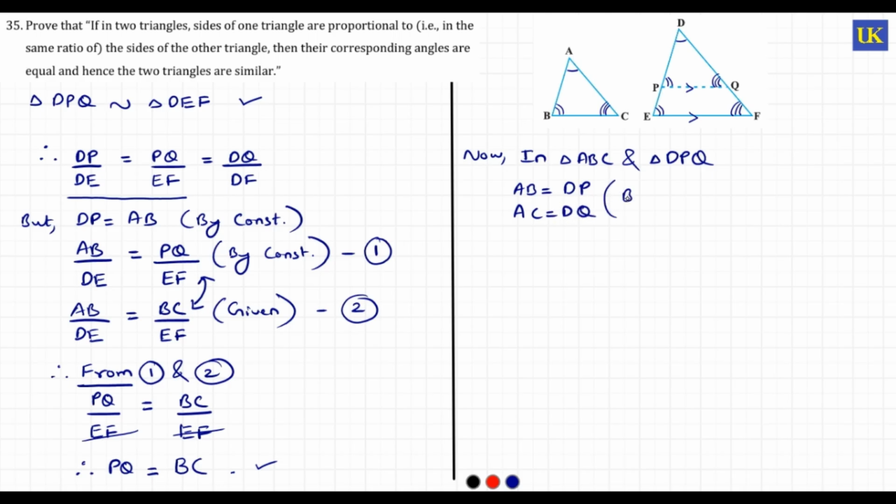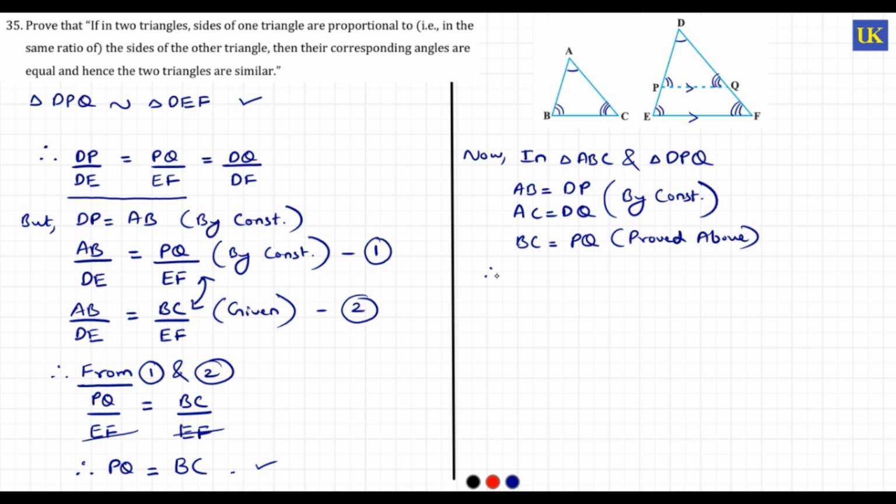Both these things are by construction, because we have made the construction in such a way that we kept AB equal to DP, and AC we have taken the same measurement and marked it for DQ. So this is by construction only. And then just now we proved that BC is equal to PQ, proved above earlier.